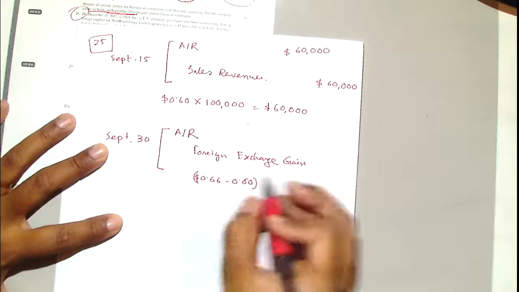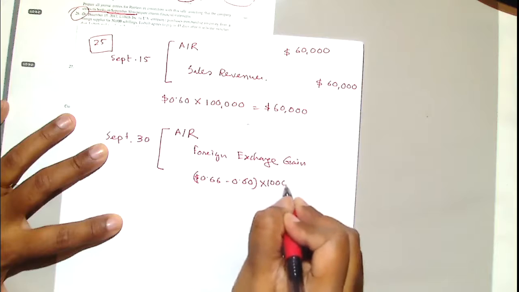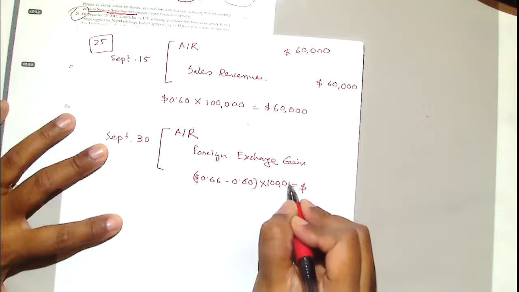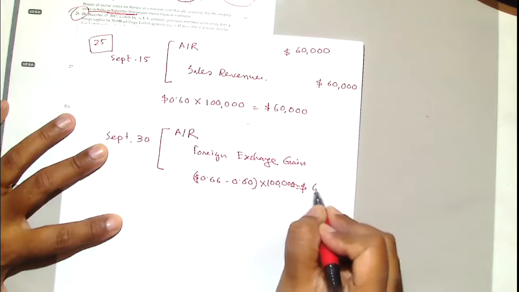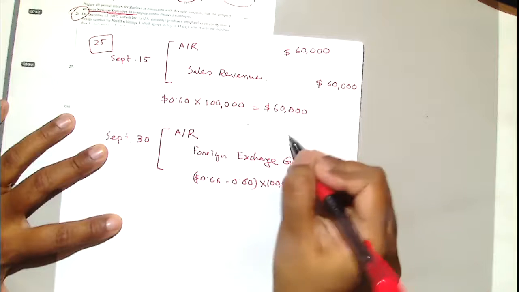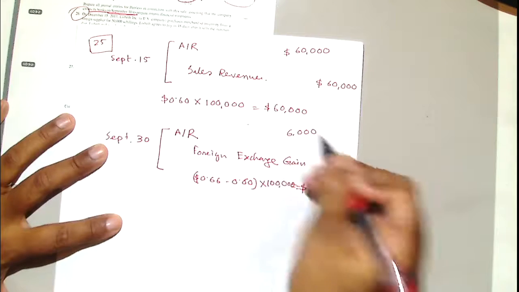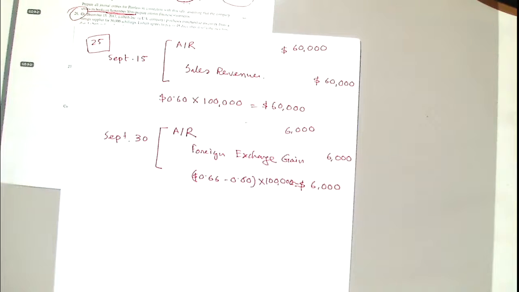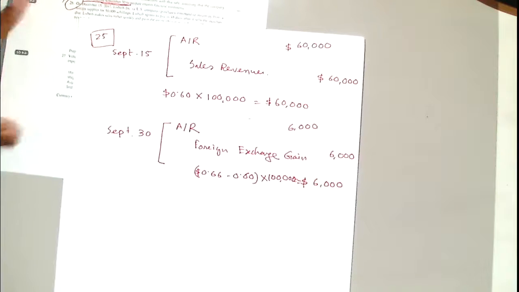And the total amount is 100,000 crowns. So what's the value? It's $6,000 gain. So in terms of dollar, your account receivable will go up by 6,000 and you have a gain of 6,000. Very good. Is it clear? Everyone did the journal entry? Conrad, you are here?